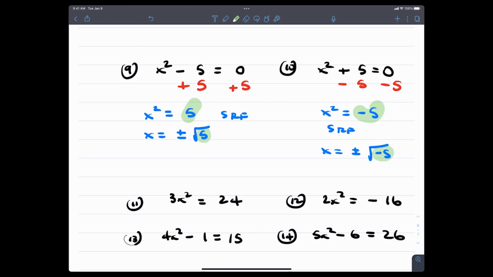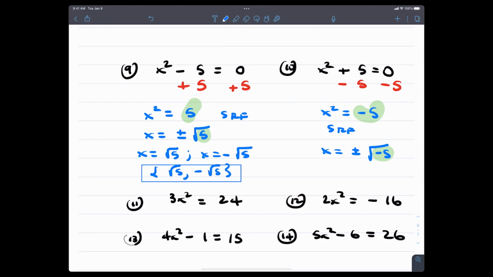So what does this first one say? This means x is positive square root of 5 and negative square root of 5. 2 solutions. Square root of 5, negative what? Square root of 5. There you go.